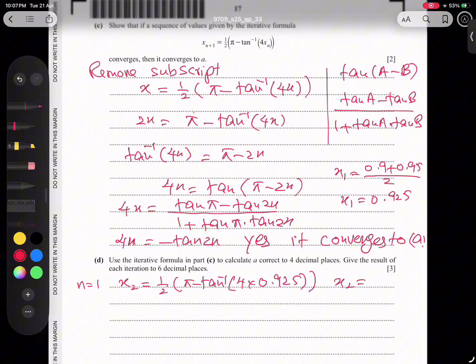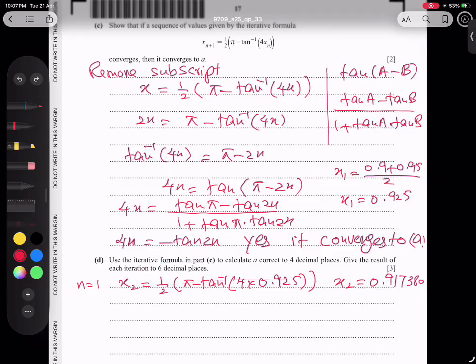I'm getting the next x value. So for the x2 value, I'm typing 1 over 2 outside, inside pi minus tan inverse of 4 times 0.925. And my answer turns out to be 0.917380, because he said 6 DP.